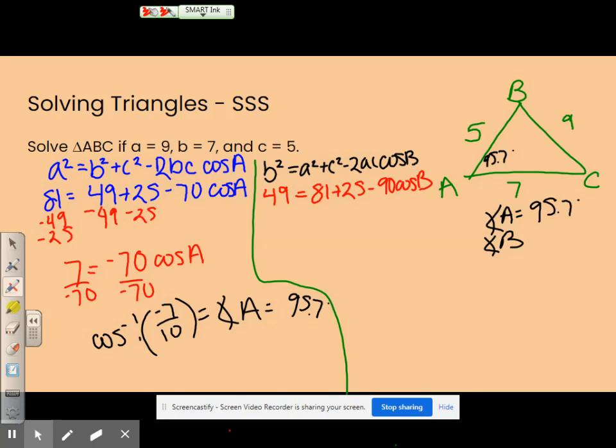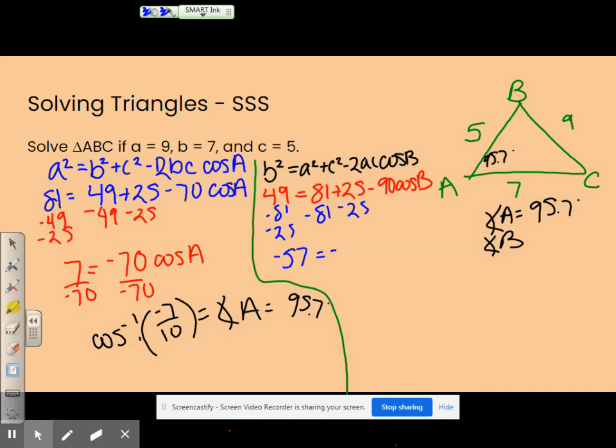From here, same as before, let's subtract that 81 and 25 from both sides. All right. A lot of this section is just calculator work. Now see, when I solved it earlier, I found the angle of C instead, so I just have a little second of calculations.